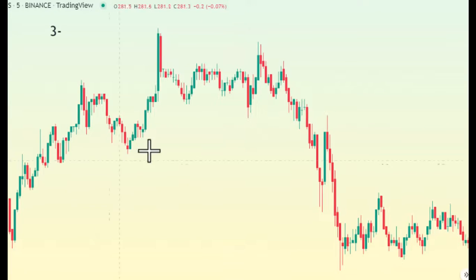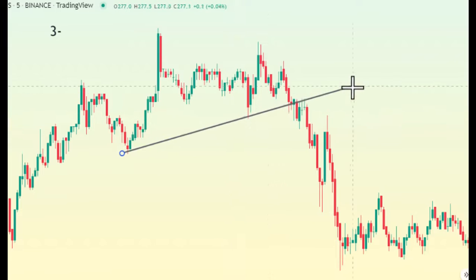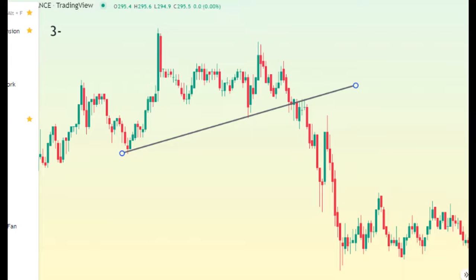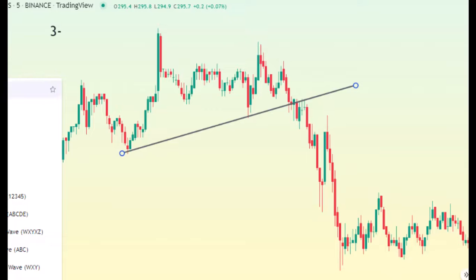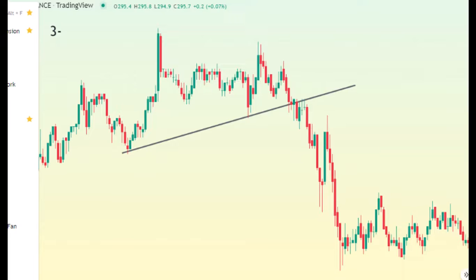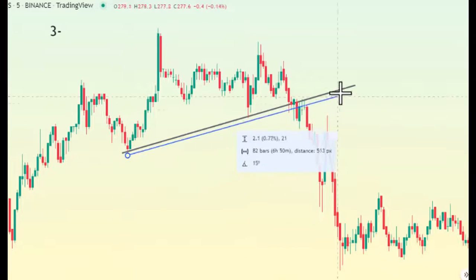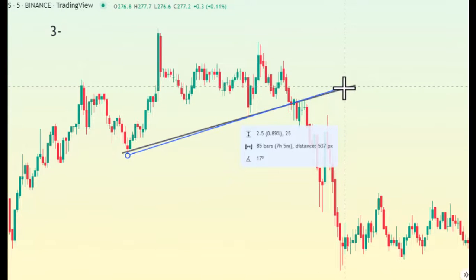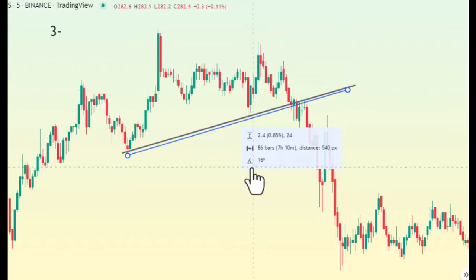You can see here our neckline is sloping, and for the degree, if I find the tool, okay, it is 16 degrees.